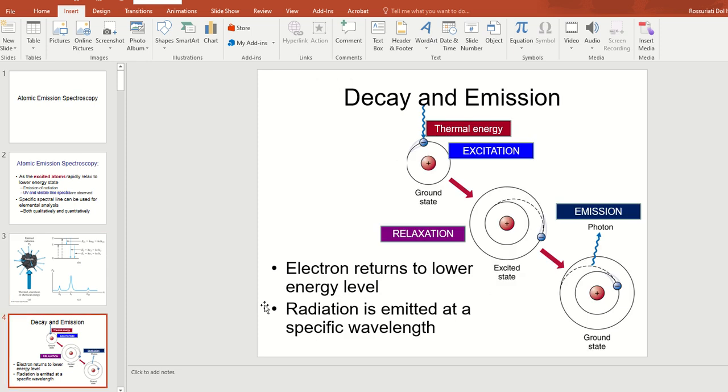One thing you need to remember: an atom consists of a nucleus, and we also expect several suborbitals in the atom. The outer suborbital represents the highest electronic energy.